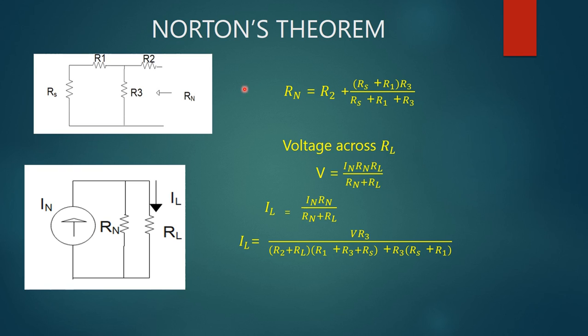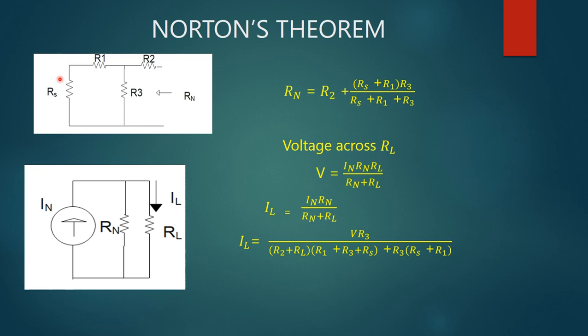To find the Norton's resistance Rn, that is also the internal resistance between the two terminal points, we consider this circuit. Here the power source V is replaced by its internal resistance Rs, with R1, R2 and R3.